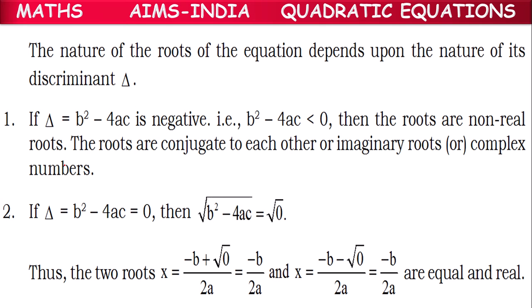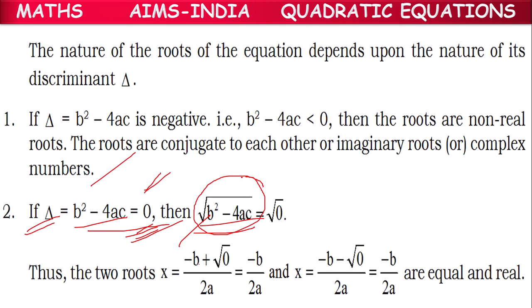So next, Charan. If the discriminant is 0, b square minus 4ac is 0, then the root of the discriminant becomes root 0. So minus b, in the place of root of b square minus 4ac, we can take root 0. Minus b plus root 0 by 2a. Root 0 is nothing but 0, which is equal to minus b by 2a.